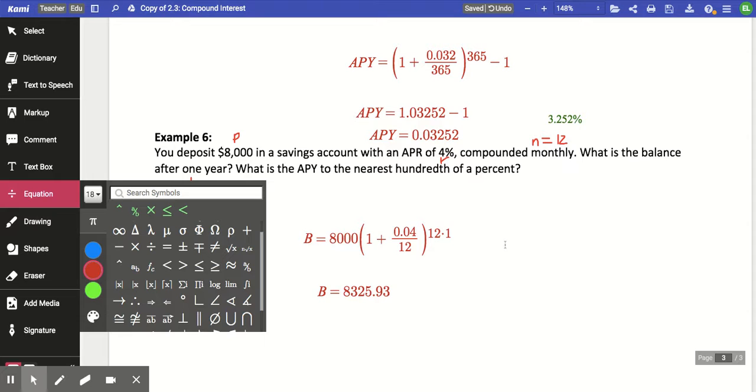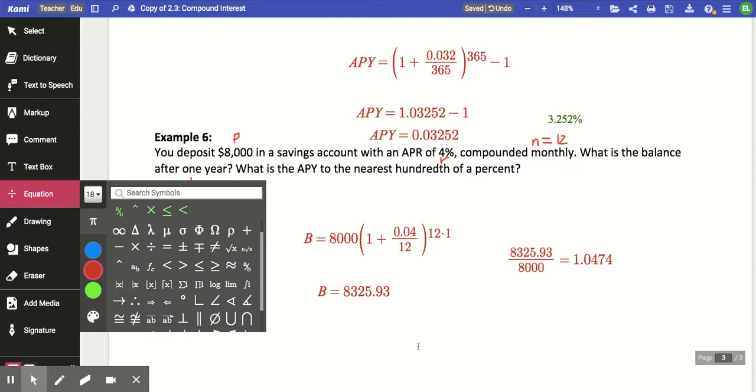Now, I can go back and use the APY formula, but since I've calculated the final balance after 1 year, I could actually just take my new balance after a year divided by my original balance of $8,000, and that would give us 1.0474.